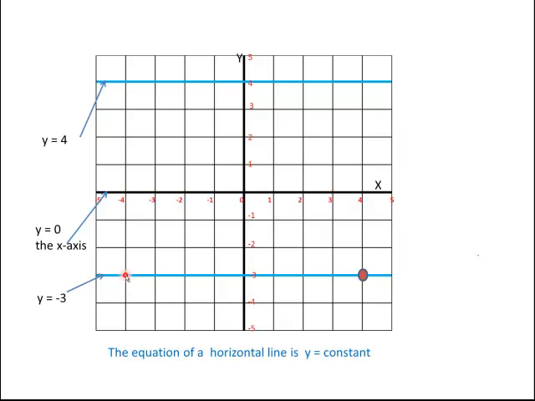This is the point -4, -3. This is the point -3, -3. This is the point -2, -3. In each case, what's changing is the x coordinate. Here's the point -1, -3, and so on. And we get over here, this point has x coordinate 4, and its coordinates are 4, -3.